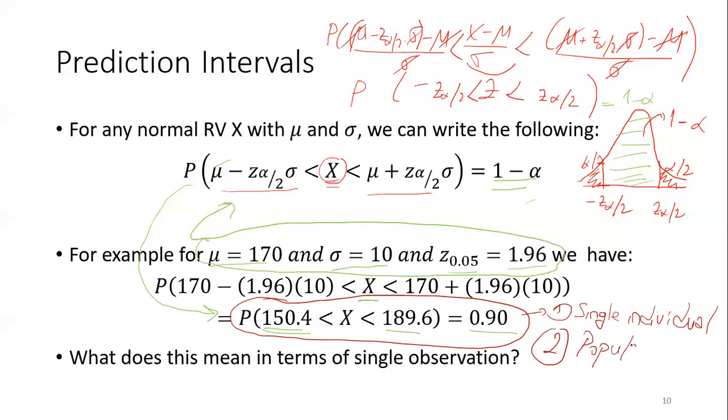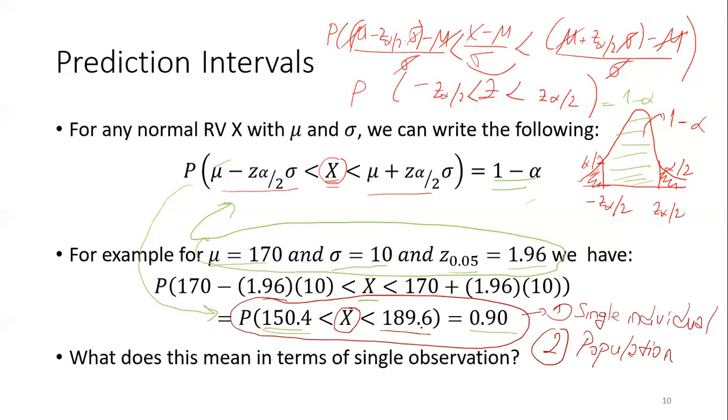In terms of a single individual, this means that the probability that a student coming into the class has a height between 150.4 and 189.6 is equal to 0.90.